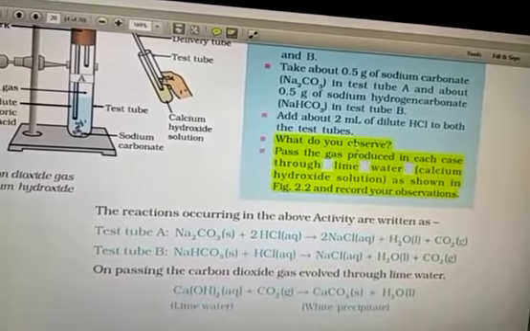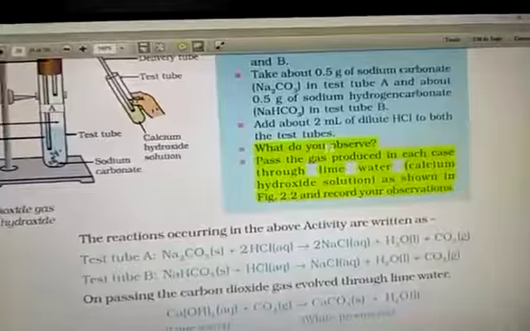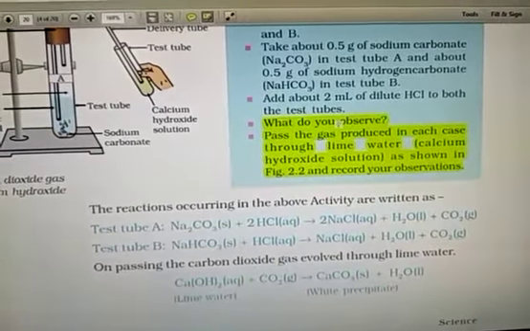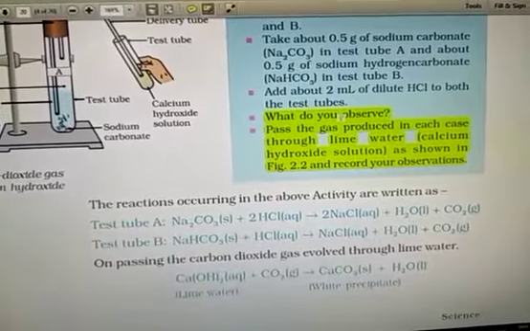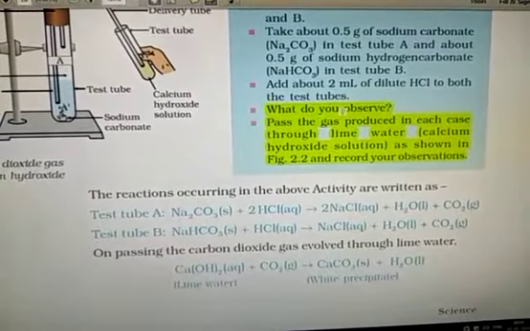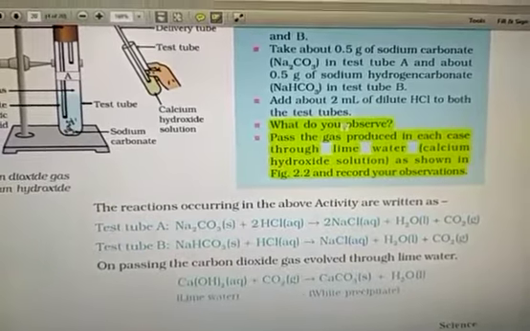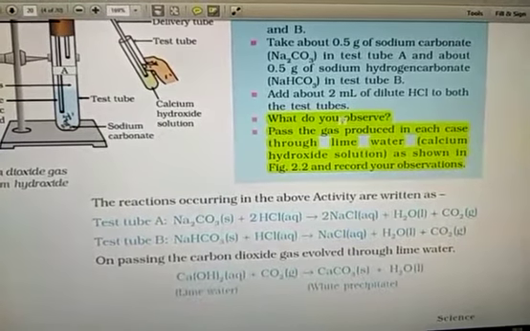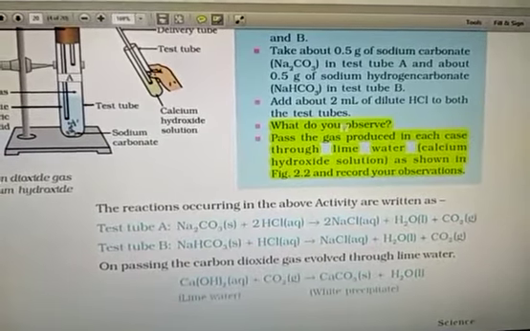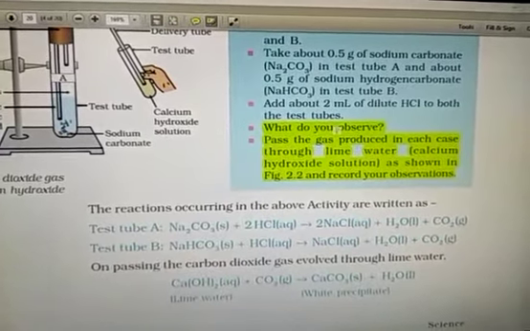What do you observe? We observe a colorless, odorless gas released with a fizz sound with brisk effervescence. Pass the gas through calcium hydroxide solution. Record your observation. First, your solution turns milky due to formation of calcium carbonate. You already read this equation in chapter 1.